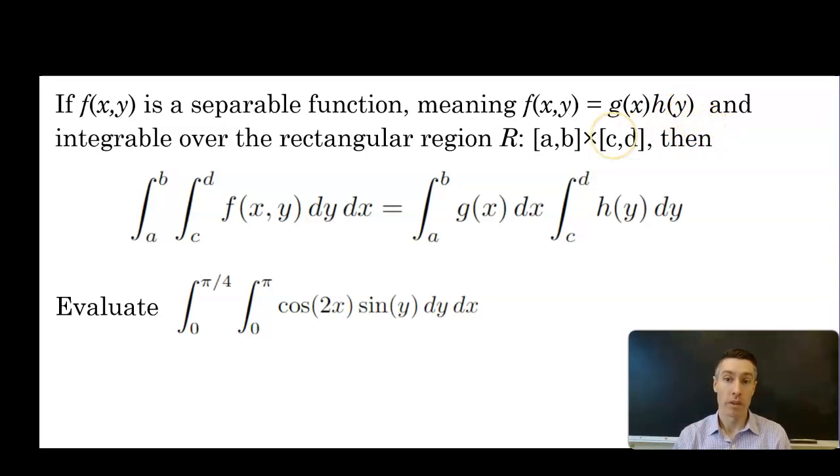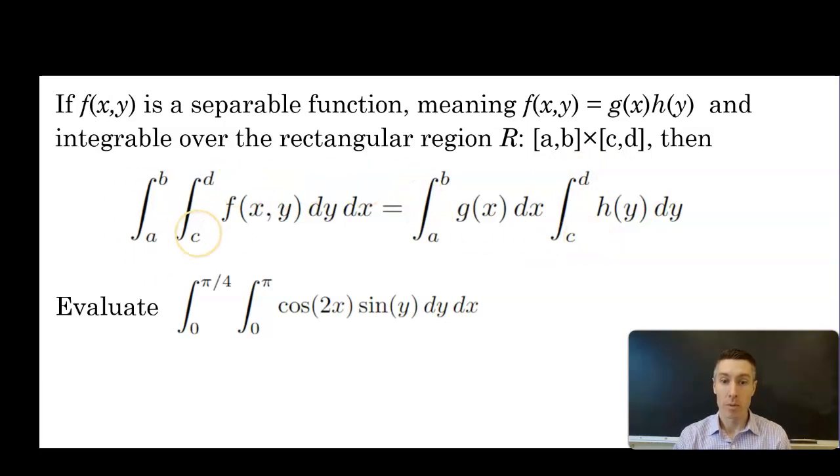If that's true, and it's integrable over the rectangular region R, a to b, c to d, then what we are able to do is take the iterated integral and separate it. So we can separate it into two single integrals, one with respect to only x, one with respect to only y. So there are two requirements for this to work.